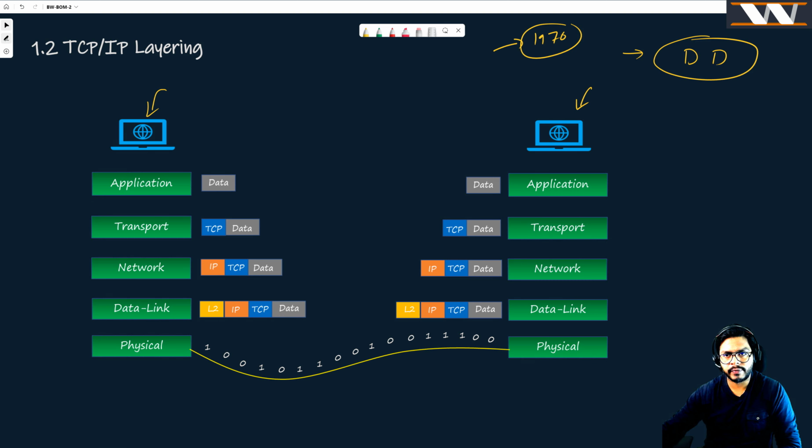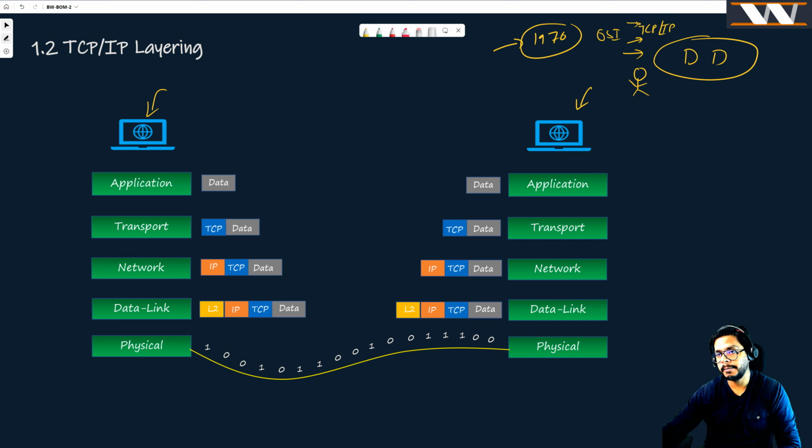The problem was how we can make these two computers talk, and that is why there were two models which were under development at that point of time. One is the OSI model, the other one is the TCP/IP model. We all know that the TCP/IP model won the race. What was the mindset behind creating this TCP/IP model? So there were a group of people who were doing this thing, right?